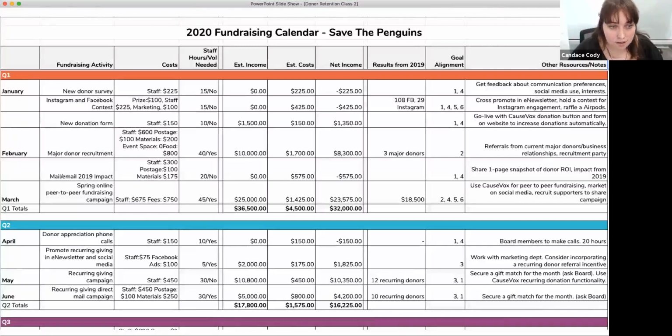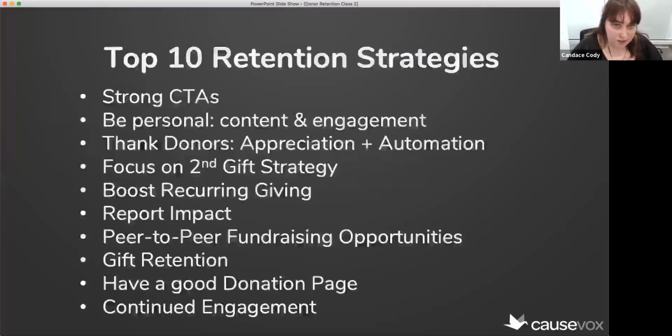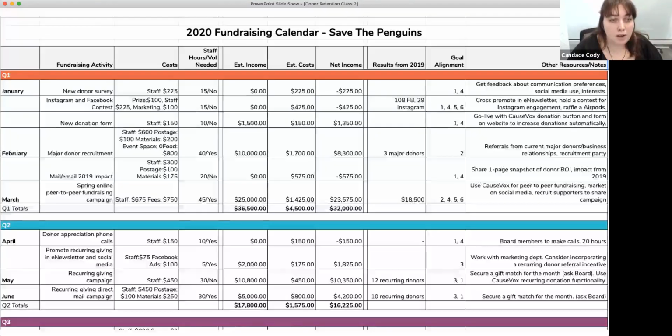So I would definitely use this framework to help you have an approachable and implementable way to increase donor retention at your organization. It's not that over the course of the next year we need to do all these 10 things. It's really about breaking it down into steps and making it approachable to help you practically implement all of these things, aligned with your specific goals for your donor retention.